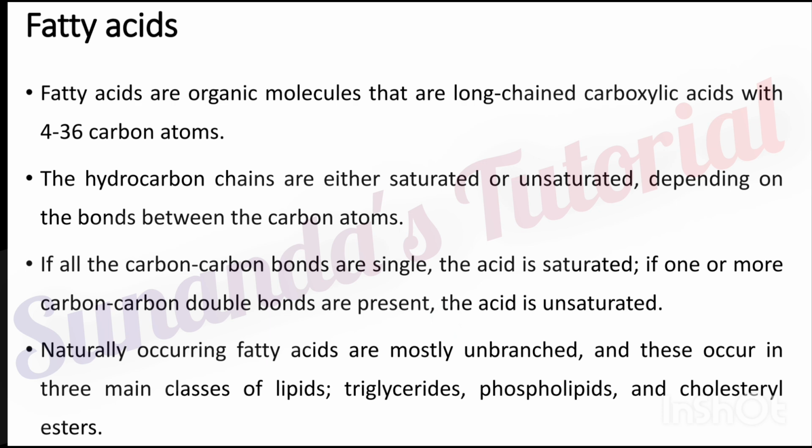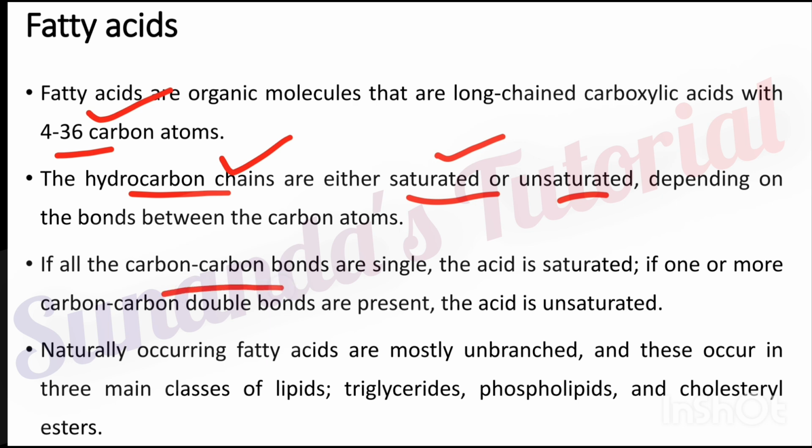So now what are fatty acids? These are organic molecules of long chain carboxylic acids with 4 to 36 carbon atoms. The hydrocarbon chains are either saturated or unsaturated depending on the bonds between the carbon atoms.